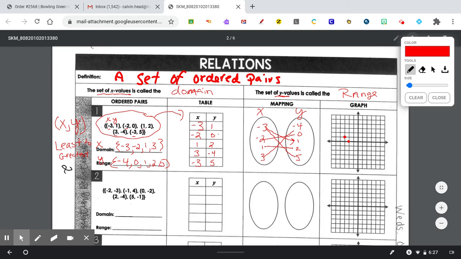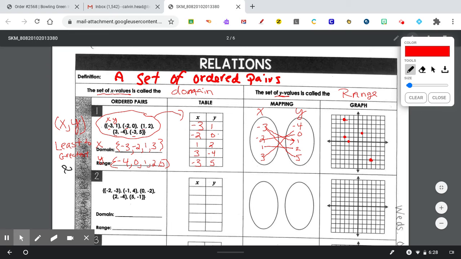Then 1, 2: go over to the right 1, and up 2. And then 3, -4: go over to the right 1, 2, 3, and down 1, 2, 3, 4. And then -3, 5: go over to the left 3 and up 5. Okay, and now I have my graph.